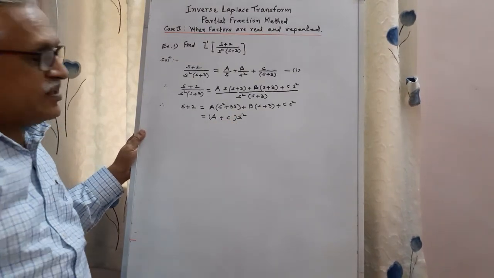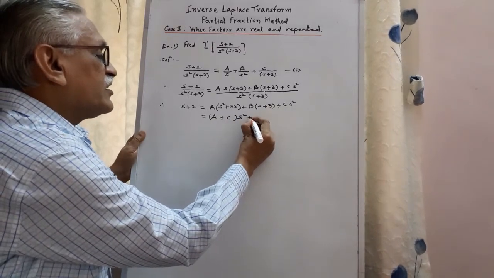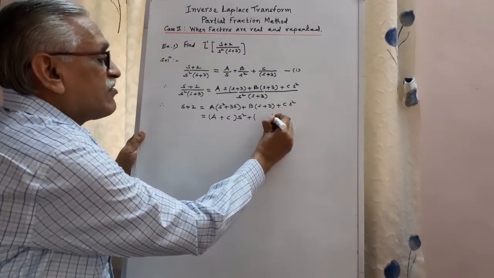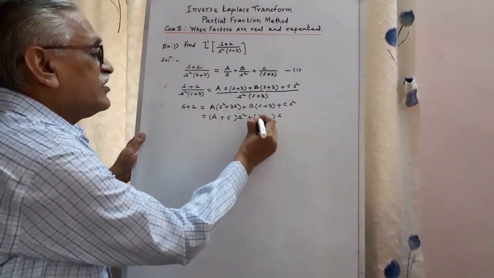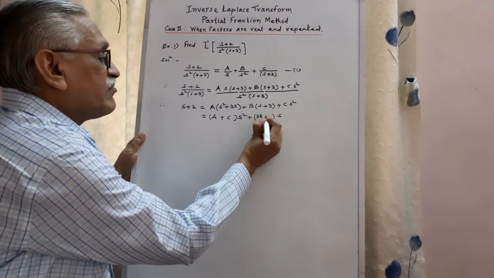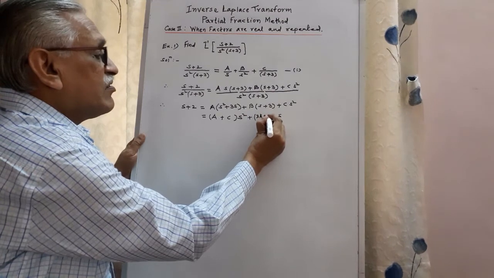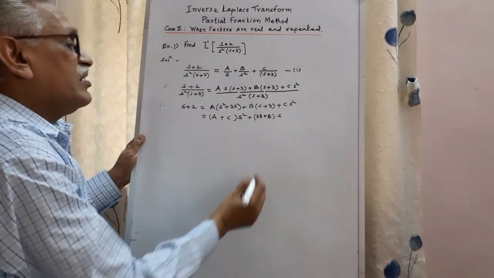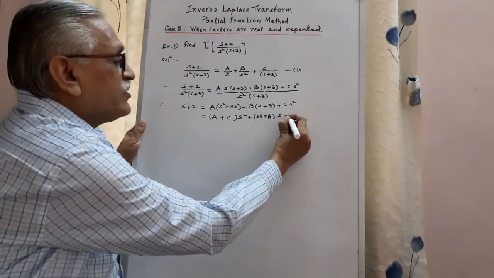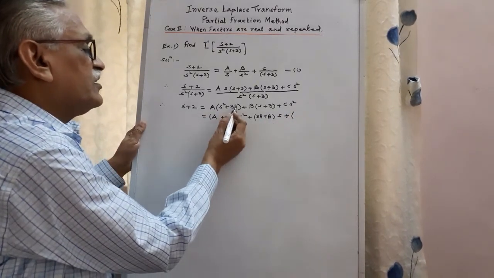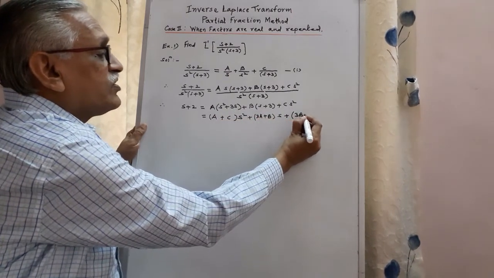There are two terms of s square; taking s square common, we get A plus C. Then collecting the terms of s: here it is 3As, therefore 3A plus B, times s. The last bracket is for the constant term. Here there is no constant term other than 3B.